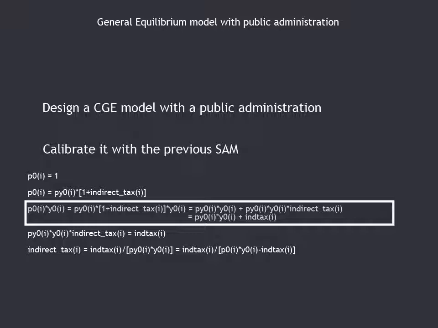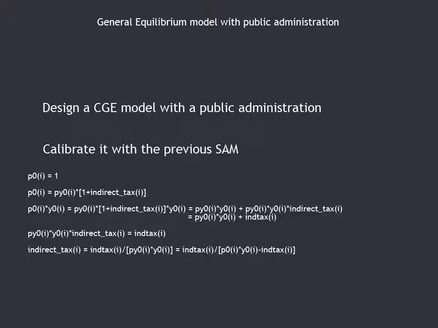So the right side of this equation is equal to Py0 in sector I times Y0 in sector I plus IND-TAX in sector I. And so from this equation you can write that Py0 in sector I times Y0 in sector I times the rate of indirect taxation in sector I is equal to IND-TAX in sector I.